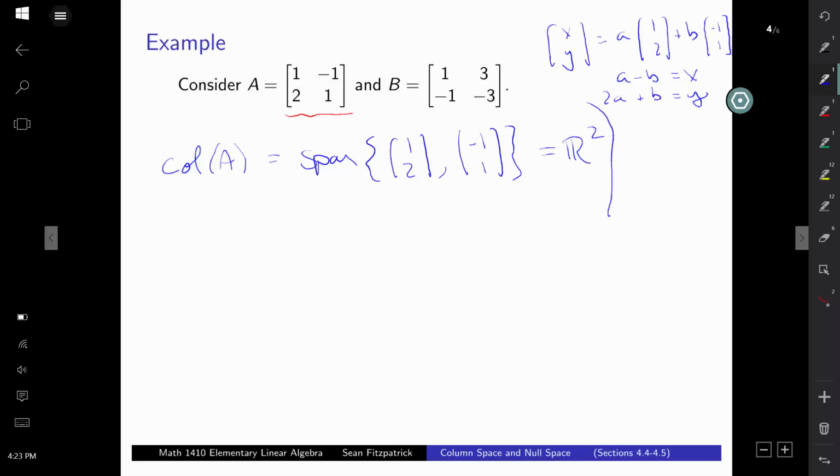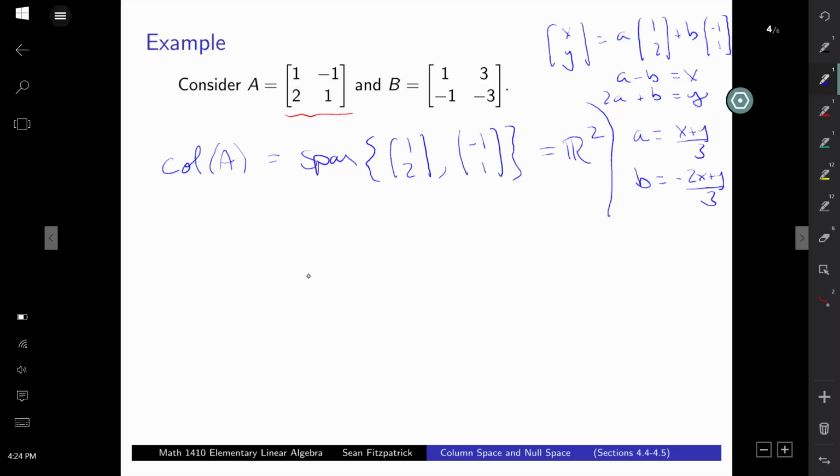And I could do it. 3a would give me x plus y, so a would be equal to (x plus y) over 3. b then would be equal to y minus 2a, so it would be equal to (minus 2x plus y) over 3. I think that works. Let me check, I did that a little bit fast.